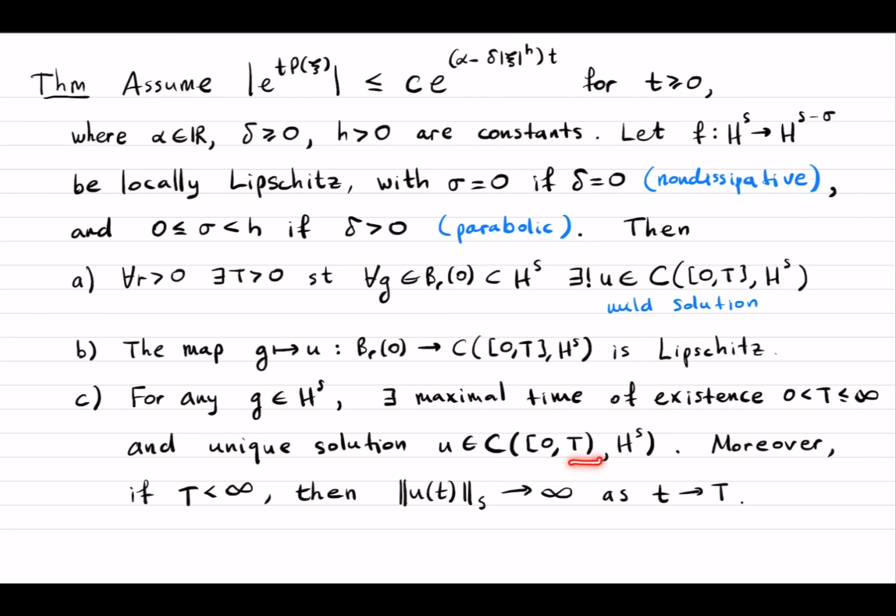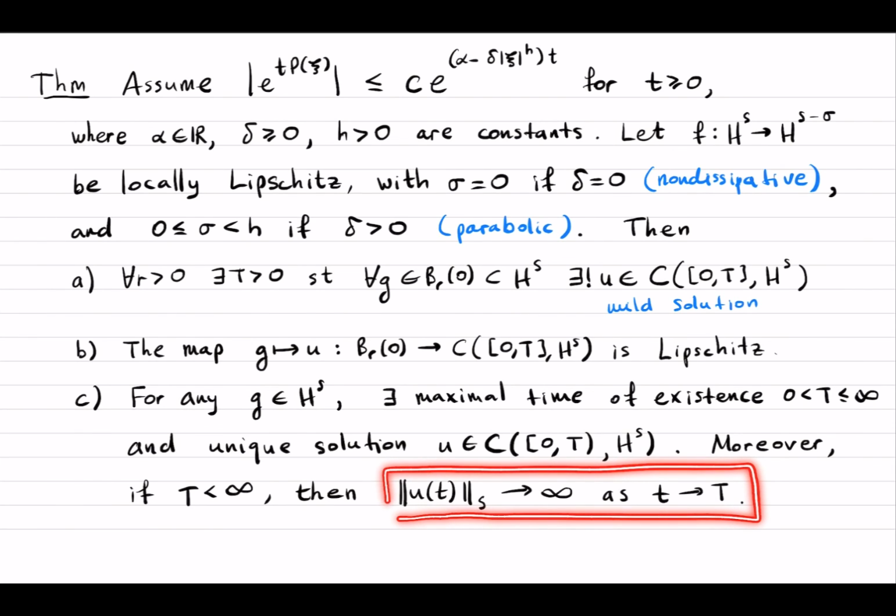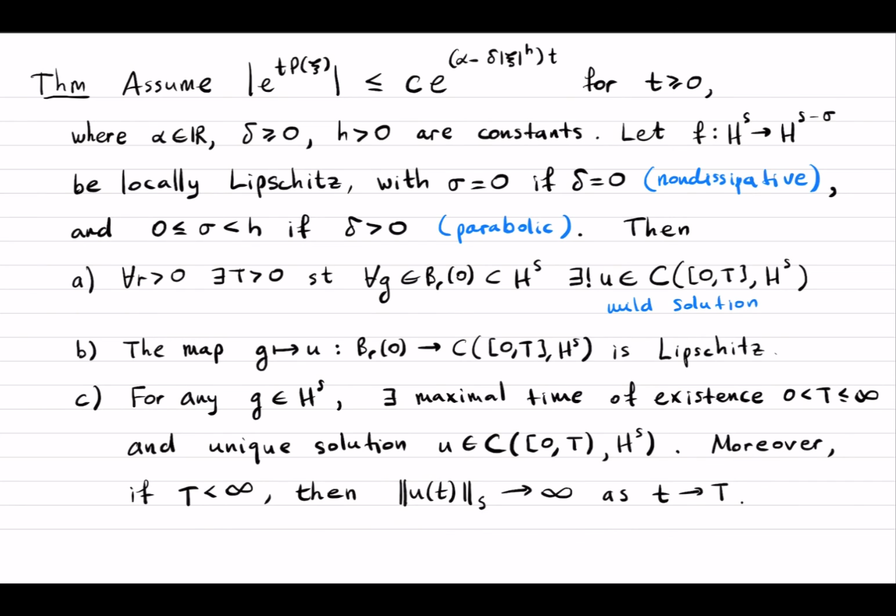Note that the right-hand side is open. Before this was closed. Moreover, if the maximal time of existence is not infinity, then it is necessary that the Sobolev Hs norm of the solution will blow up as the time approaches capital T.